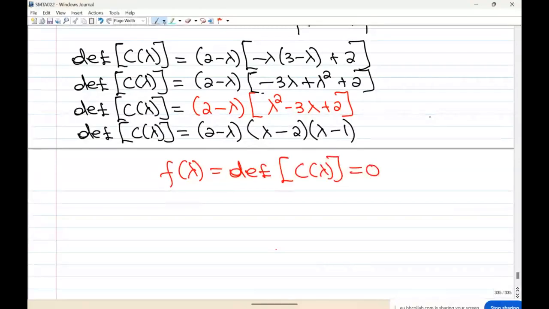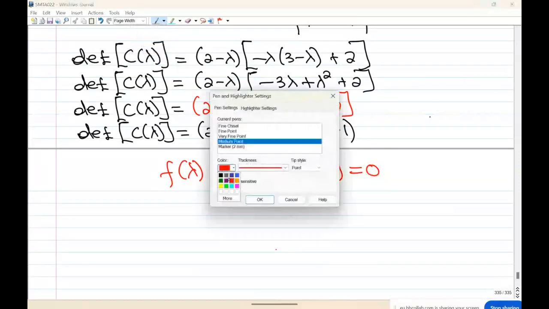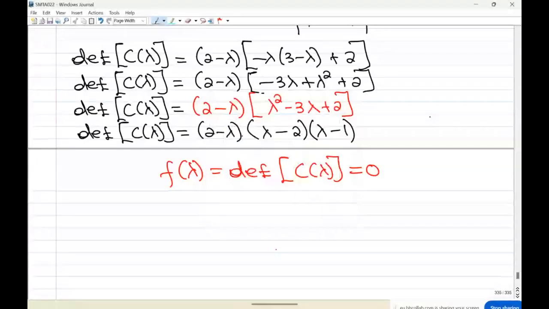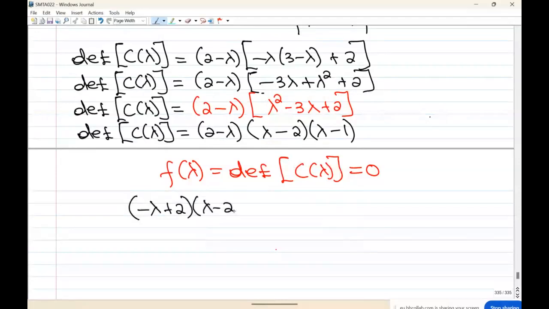Then on procedure number 3 or 4, you are going to equate this: 2 minus lambda multiplied by, and if I want, I can write it nicely as minus lambda plus 2, and then lambda minus 2, and also lambda minus 1, equals 0. Then let's agree.